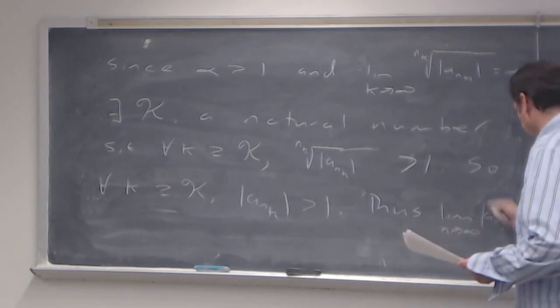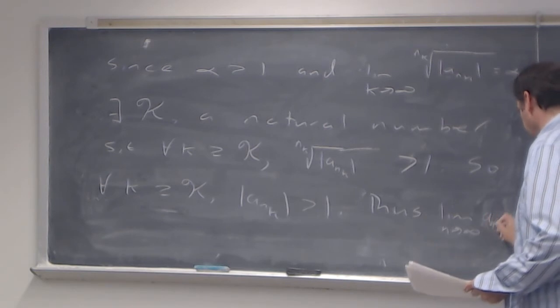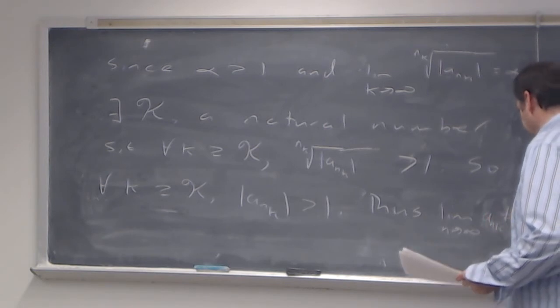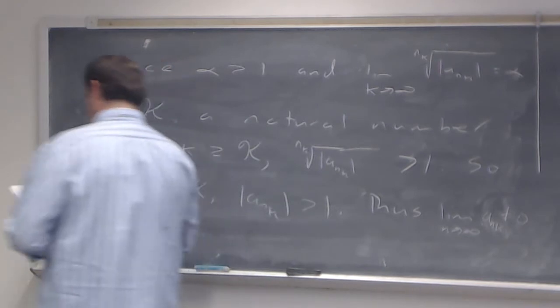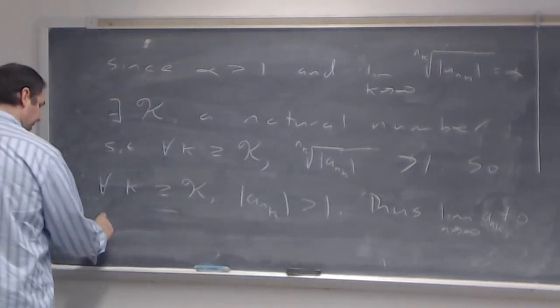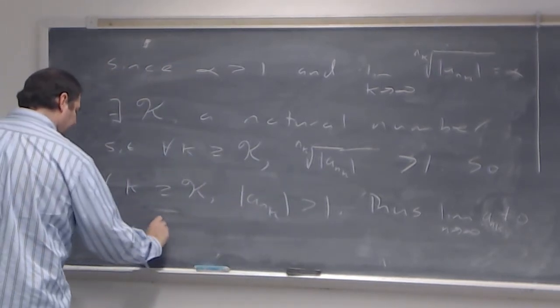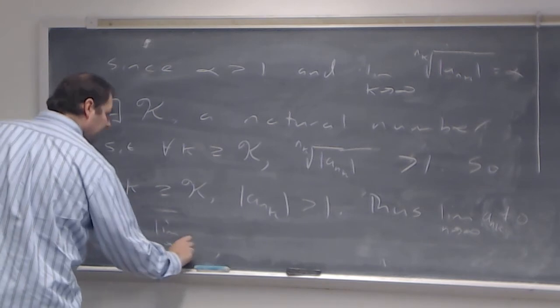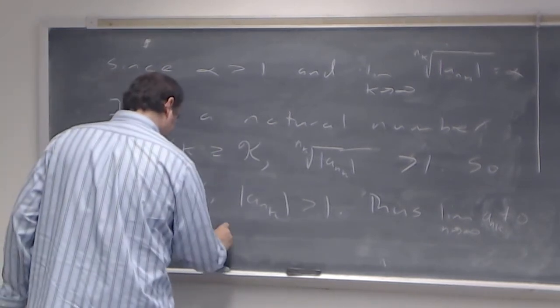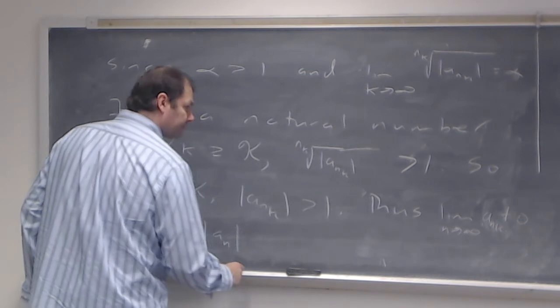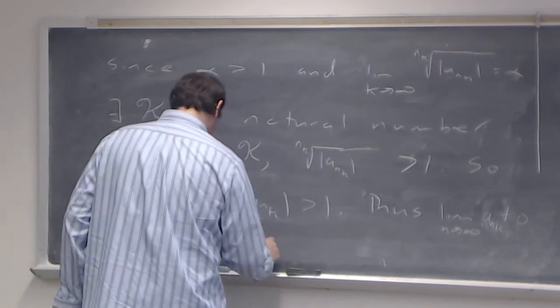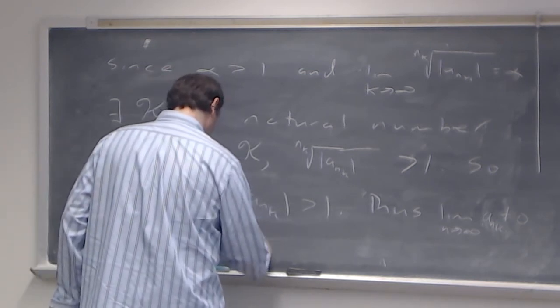No, this was fine. This is correct. It's going to be different from 0. What that means is that the limit as n goes to infinity of the absolute value of the a sub n's can't be equal to 0.